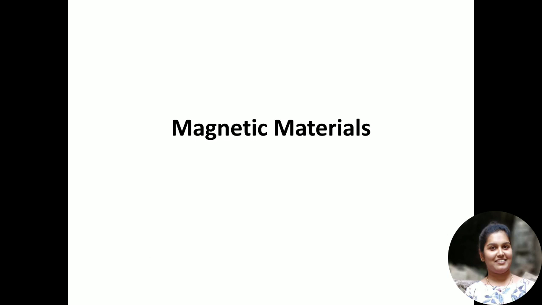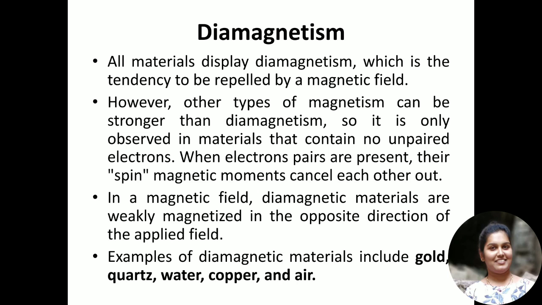Okay, let's move on with the main types of magnetism. Of all the magnetism properties, the first and the most commonly used type of magnetism is diamagnetism. All materials display diamagnetism, which is a tendency to be repelled by a magnetic field.